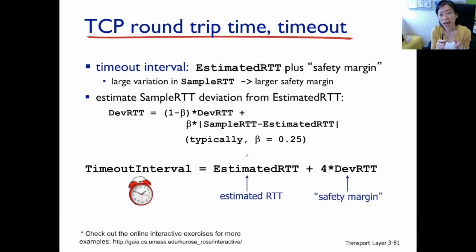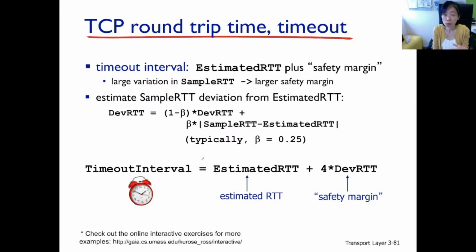The thinking behind setting the safety margin is this. If the sample RTT fluctuates a lot, we use a larger safety margin. Small fluctuation, smaller margin. Therefore, the key is to estimate the variation of the sample RTT.